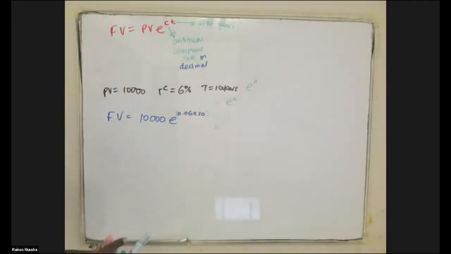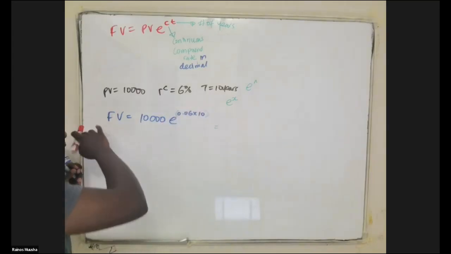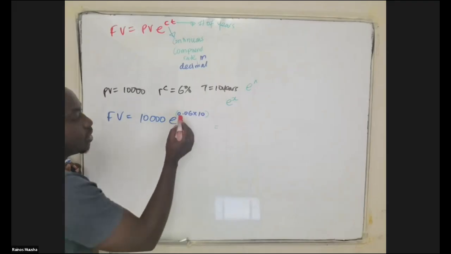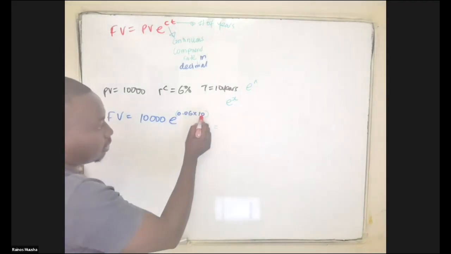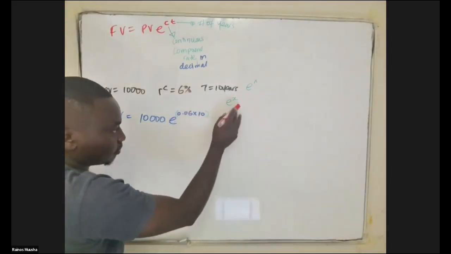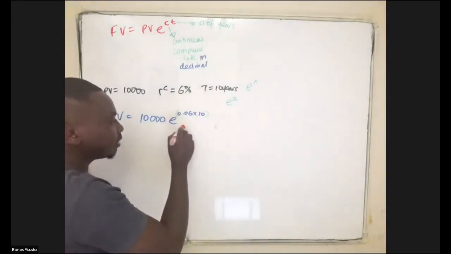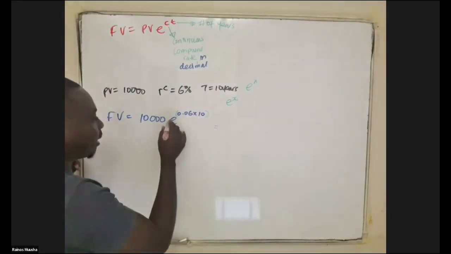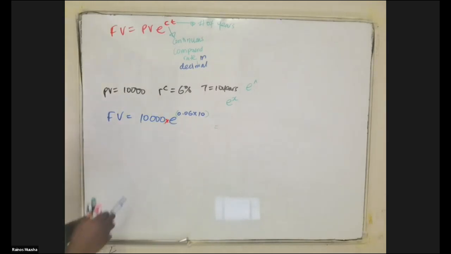If you're using the HP calculator, you have to work it backwards. So you start with the power. You say 0.06 times 10, you get your answer. Then you press shift, then E with an X on top, and now you have the exponent of this value. Immediately after that, you multiply this by 10,000, and this will give you the future value.